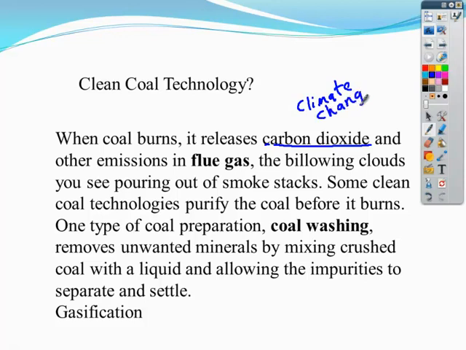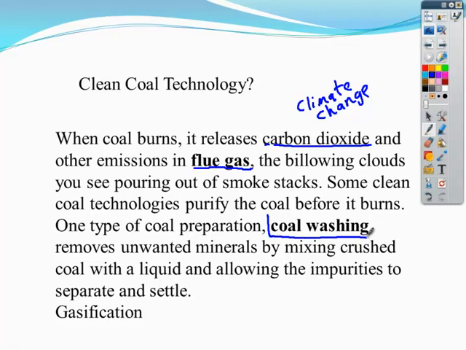So that's one big thing. And then other emissions, which I told you about in the flue gas, which is the gas that's coming out of that smokestack. And that is the sulfur dioxide and the mercury. Now, some of the clean coal technologies that are out there prepare the coal to be burned so that it doesn't produce as much of these byproducts.